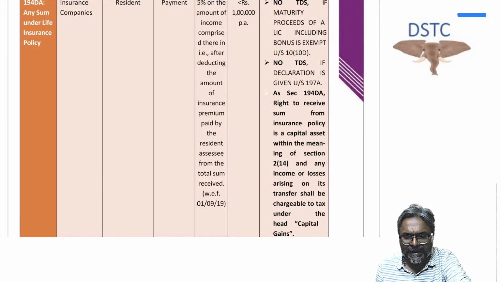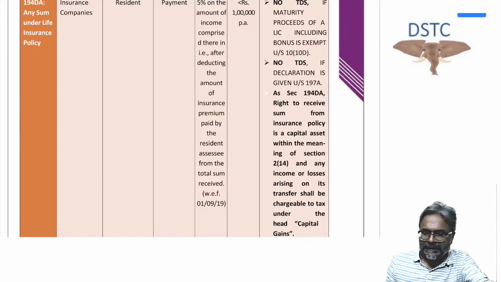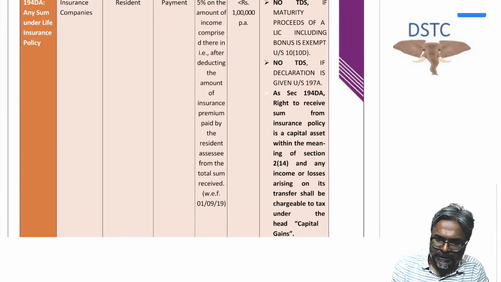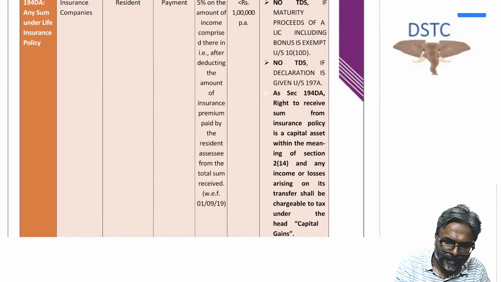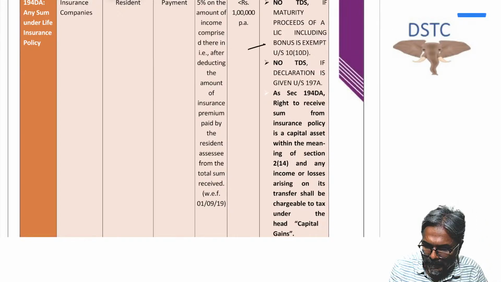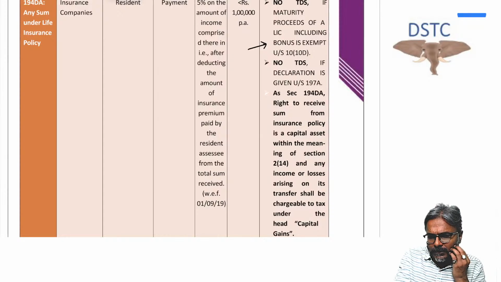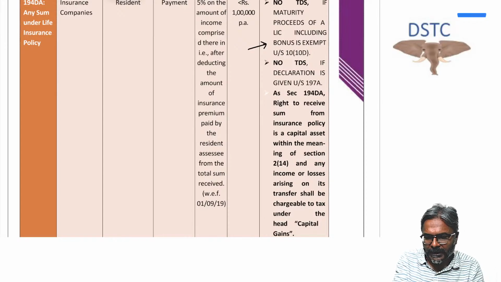But before we enter into this obligation part, students, there is one very important section, which is section 10(10D). It is very important for all of us to understand the implication of section 10(10D).